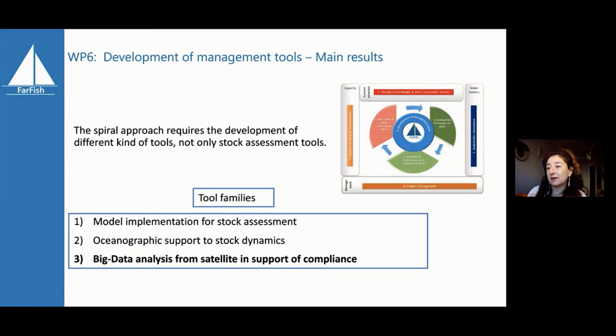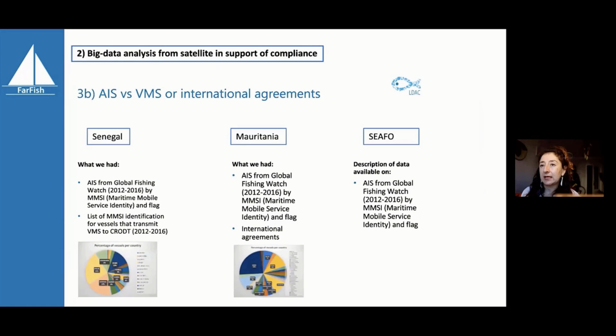Our last group is the big data analysis using satellite data to verify all the information that we had available. In this case, we have compared this data with the VMS data and international agreements within the countries.